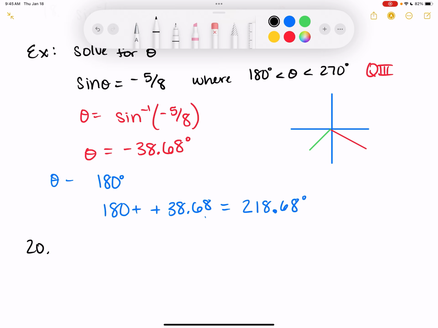Cosine of theta is equal to negative 0.82, with 180 less than theta less than 270. So again, still in quadrant 3 for that. So we're going to take the inverse cosine, but cosine occurs where?